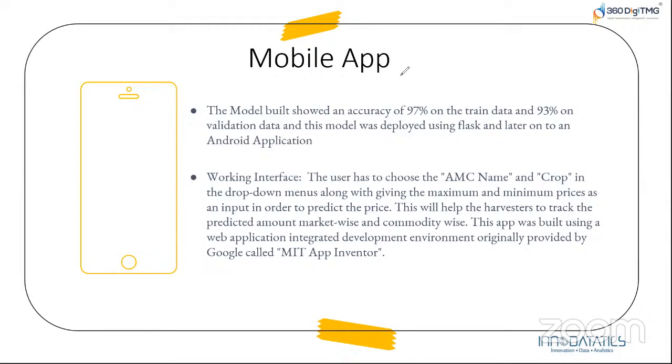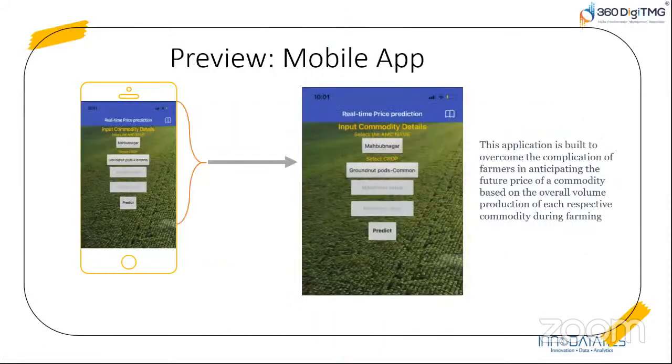We built the mobile application using MIT App Inventor, and this is how the preview of the application looks. As you can see, there is the APMC name, the crop, the min value and the max value.